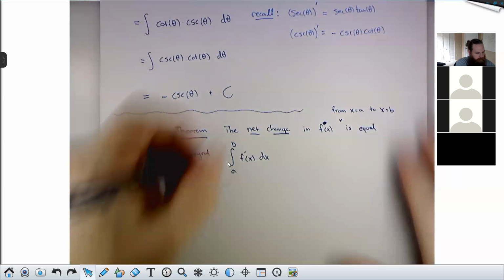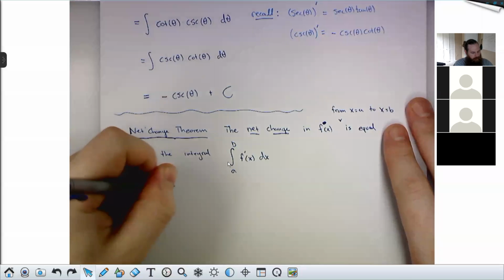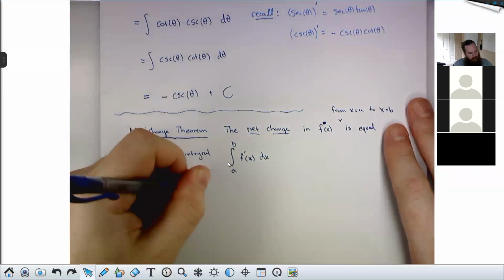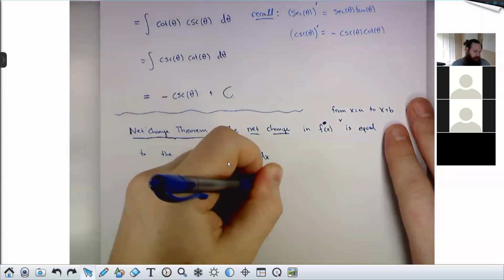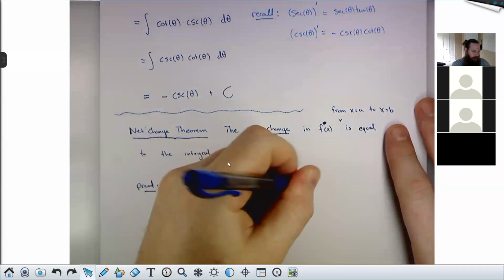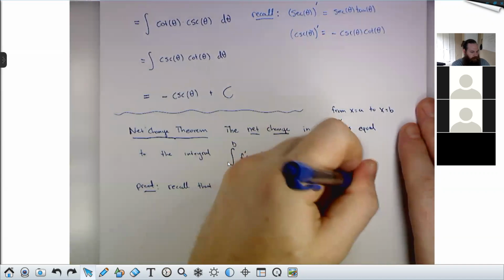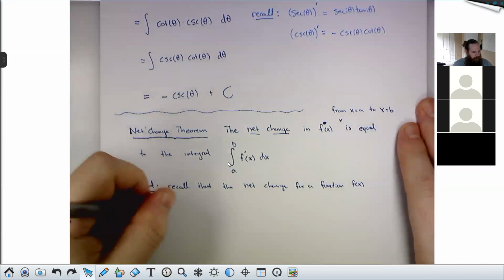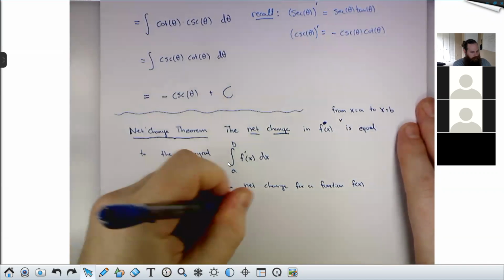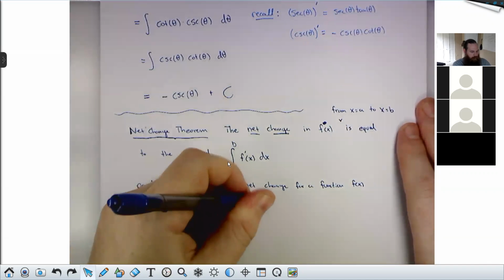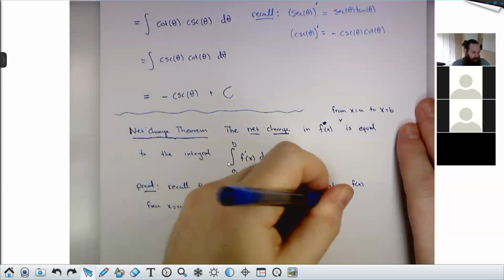And this shouldn't be anything surprising. The proof is immediate. Recall that the net change for a function f of x from x equals a to x equals b is defined to be f of b minus f of a, right?